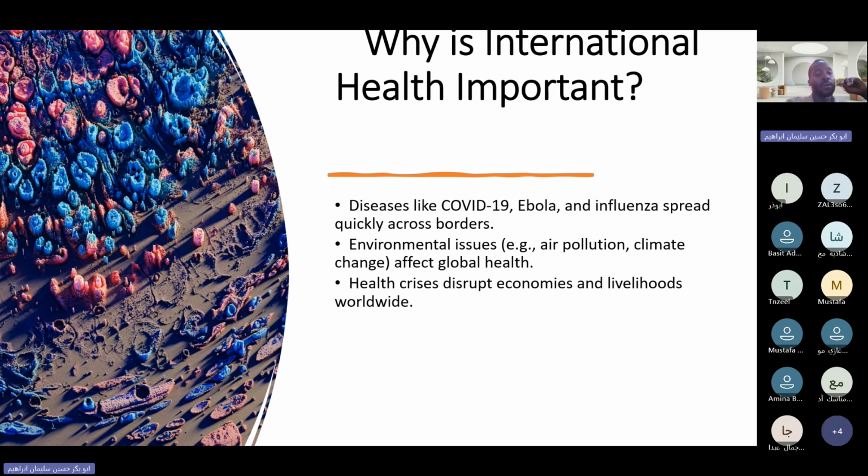Another point international health focuses on is environmental hazards like chemical spills. There are chemical compounds or materials, air pollution, and nuclear accidents.